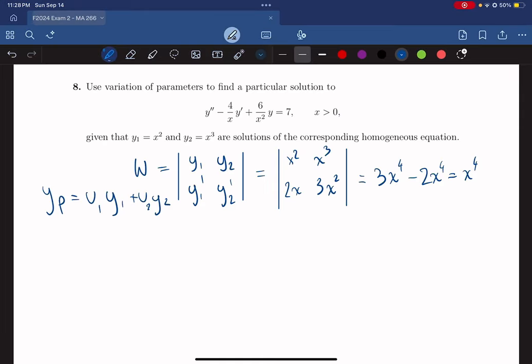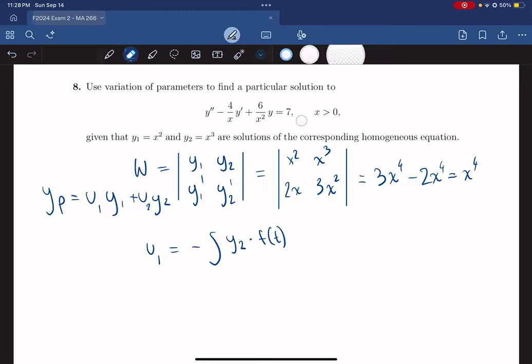And for u1, the formula is going to be negative y2, and this is important to remember, times your f of t. In this case, your f of t is this 7, or whatever the non-homogeneous part is on the right side.